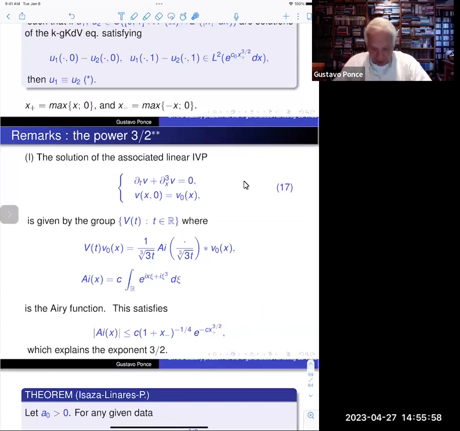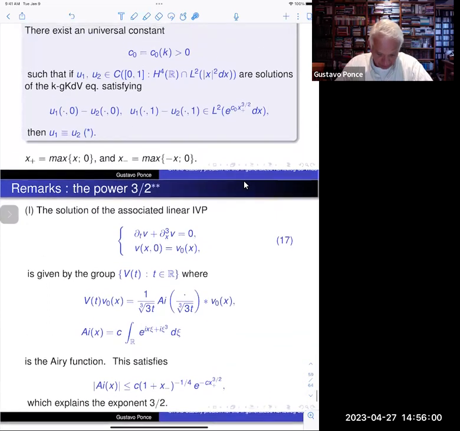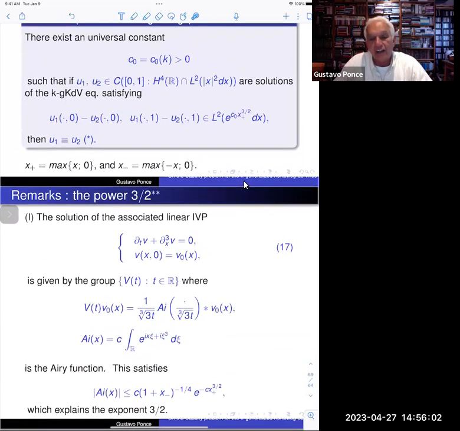Then if you read this theorem, you say, well, now we have a machine. You look at the decay of the fundamental solution of the linear problem, and we should have a theorem for the nonlinear one, right? You plug it there with some constant, then you should have a theorem like this.